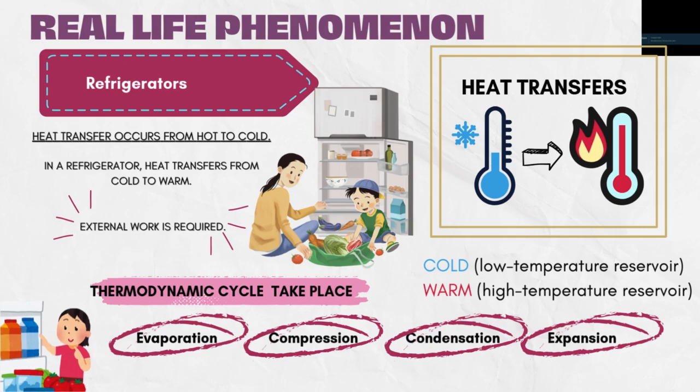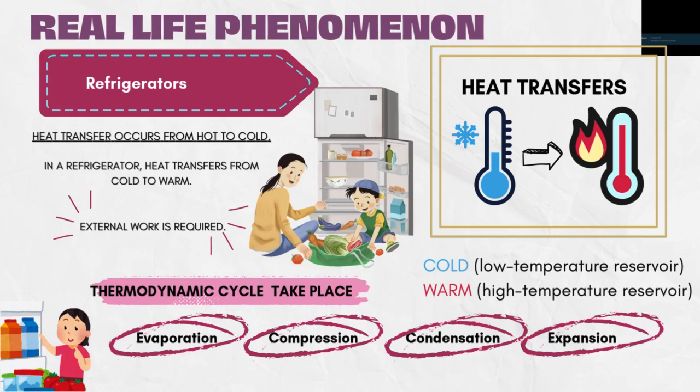In this slide, we will learn more about a real life phenomenon that applies the second law of thermodynamics. Basically, heat transfer happens when energy moves from a hot surface to a cold surface. However, concerning the second law of thermodynamics, heat transfer can occur opposite to its natural process.